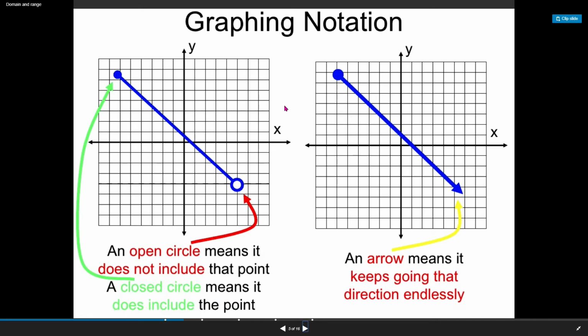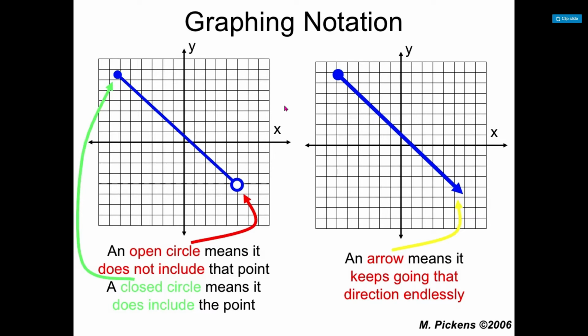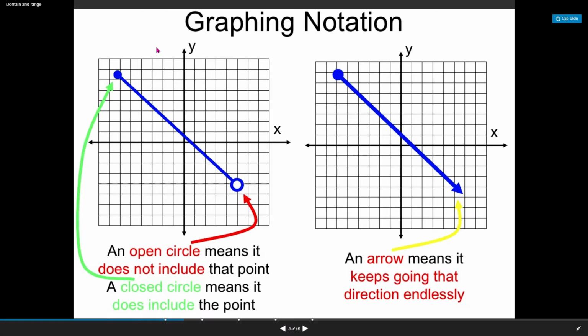So some graphing notation. You guys all remember, or if you haven't learned this yet, here's your time. Whenever you see a closed circle like this, like up here on a graph, that means that point is included. Anytime you see an open circle, that means the point is not included.